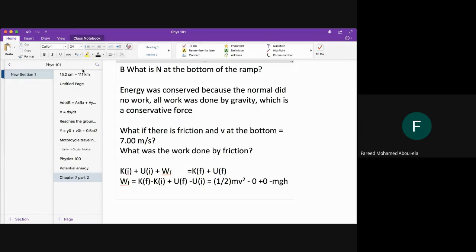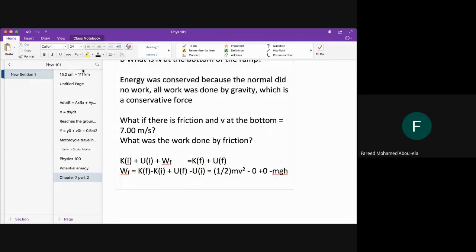Okay, so the work done by friction will be the final kinetic energy, which is 1/2 times 30 kilograms times 7 meters per second squared.